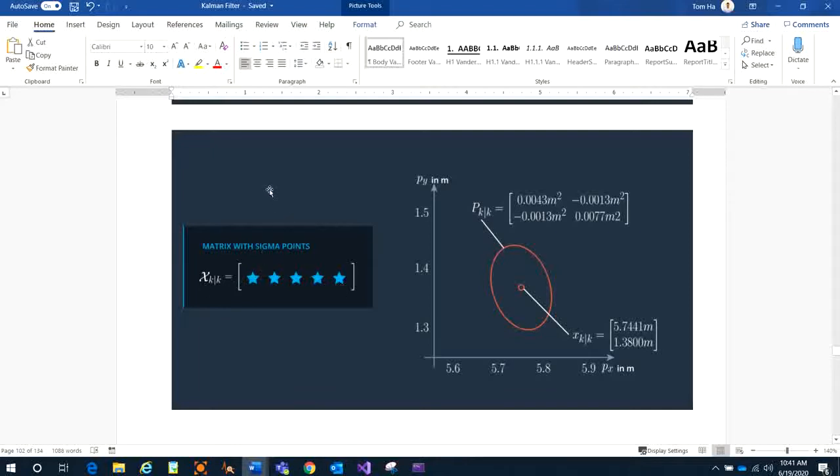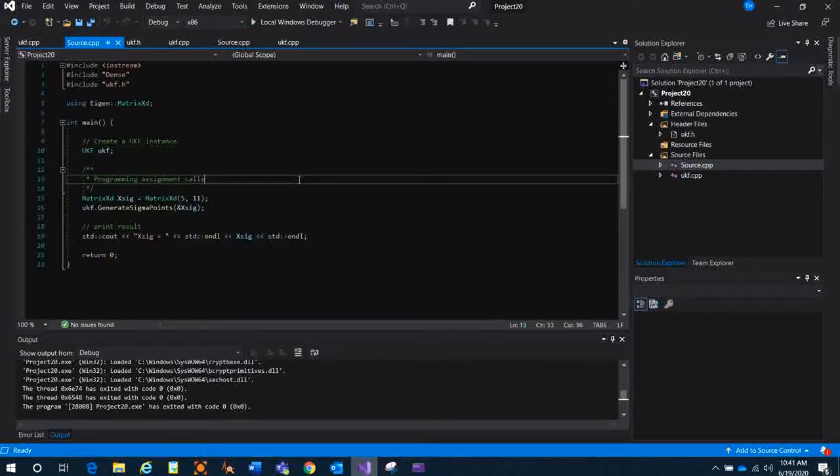For example, if we have 5 variables, we plug into the formula and we have 11 sigma points. It means 11 columns, and each column includes the whole state variable vector. It means 5 times 11.